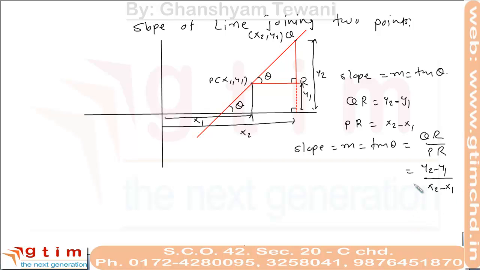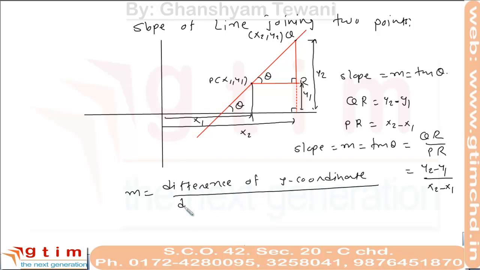So we now have the formula for the slope of a line joining two points, that is difference of y coordinates upon difference of x coordinates. But we should take the difference in the same order. If we have y2 minus y1, we should have here x2 minus x1.